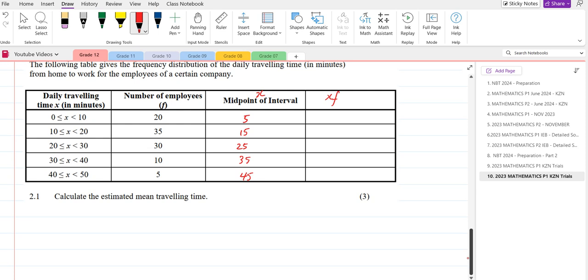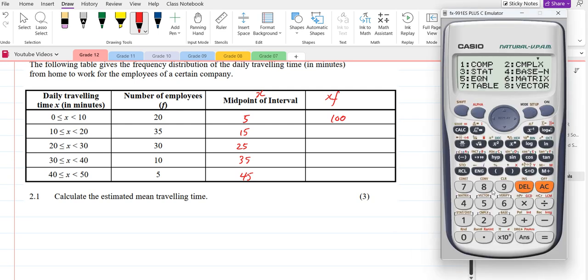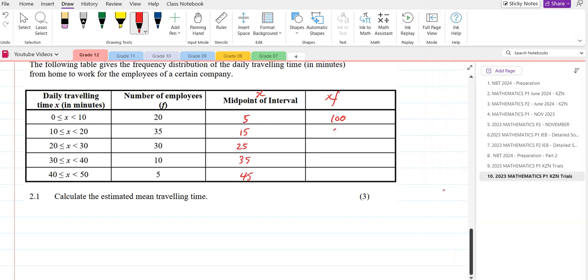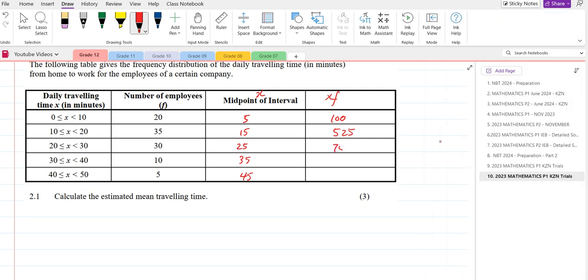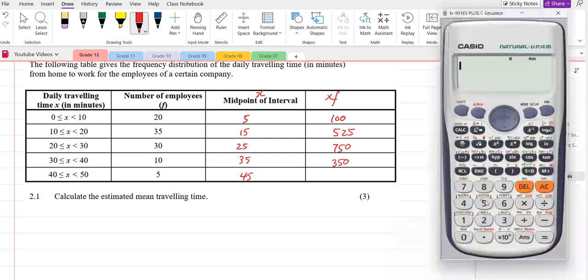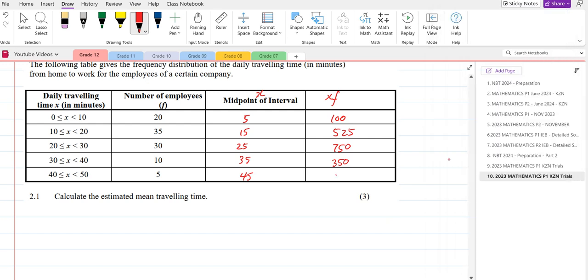Right, so 20 times 5 is 100, 35 times 15, let's do this, and then I will show you how to use a calculator to solve this. Alright, 35 times 15 is 525. Next one, 25 times 30, 25 times 3 is 75, so 750 I will get here. 10 times 35 is 350, and 5 times 45 is 225.